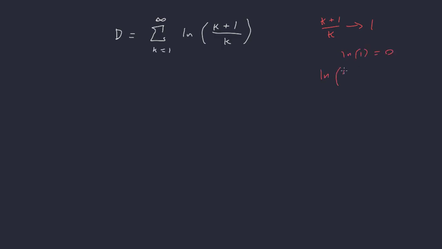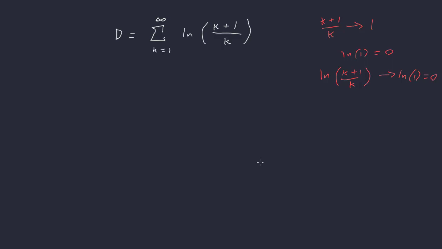So the natural log of (k plus 1) over k will go to ln of 1, which will be 0. All right, so it doesn't fail the divergence test.